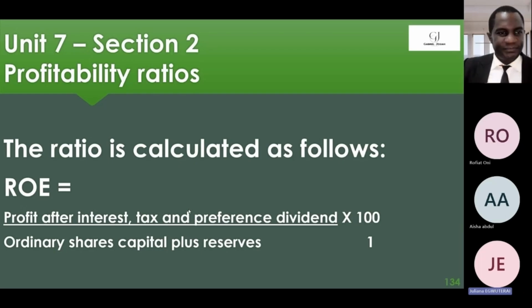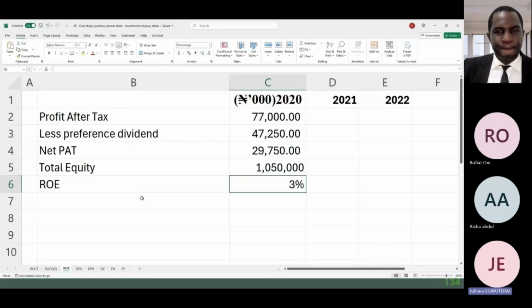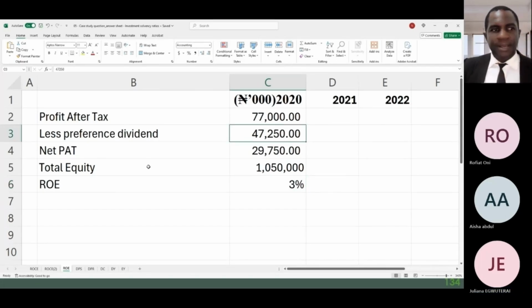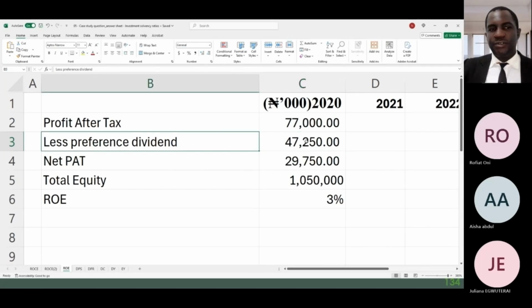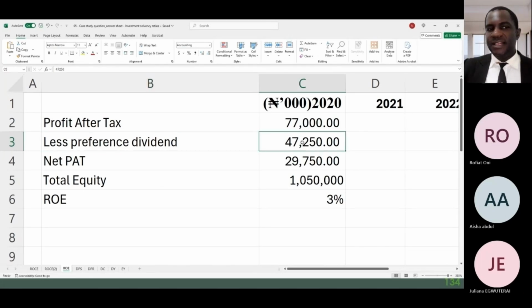I just got distracted a bit. But for 2020, did you remove preference share capital? Yes, I did. If you can see my screen, you'll see that preference dividend has been removed. Not the capital, sorry, the dividend from the profit after tax.